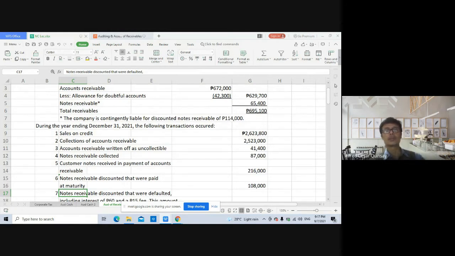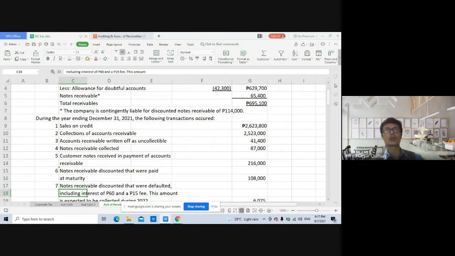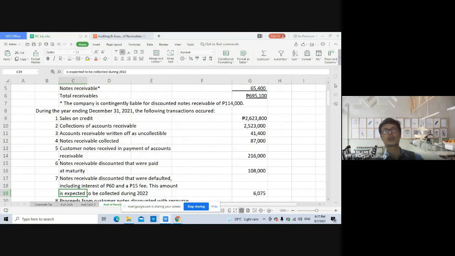And then notes receivable discounted that were defaulted, including interest of 60 pesos and 15 pesos. This amount is expected to be collected during 2022. It has interest because the notes receivable was dishonored, so we will revert it to accounts receivable, so the notes receivable is removed here.